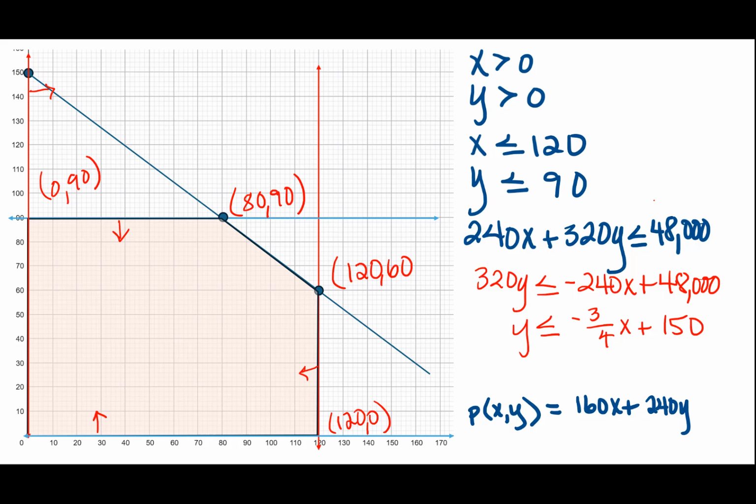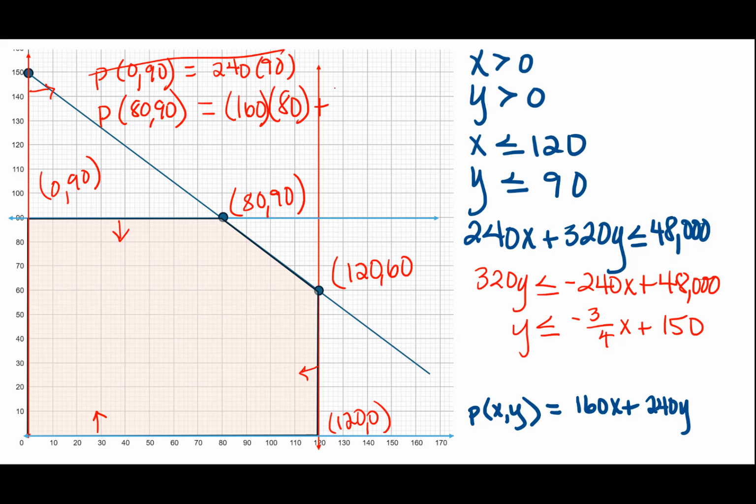If we put (0, 90) into the profit function, P(0, 90) is just going to equal 160 times 0, which is 0, plus 240 times 90. And I'm not going to multiply that out yet. And then P(80, 90) obviously is going to be more than that first one, so I'm just going to cross it out. So 160 times 80 plus 240 times 90 for that one, and I'm not going to multiply that out yet either.